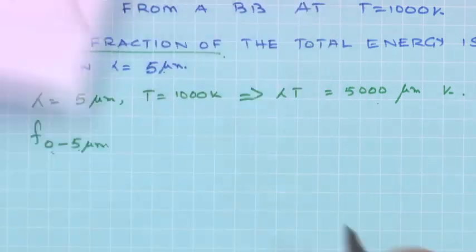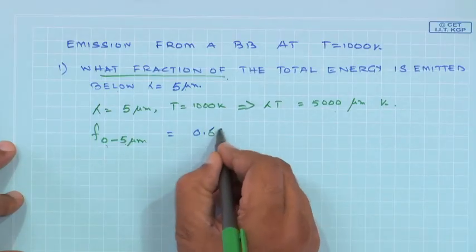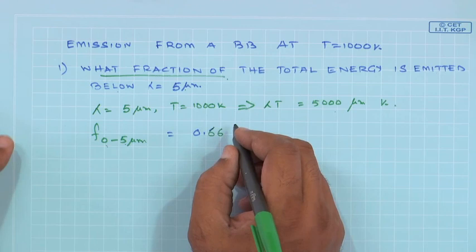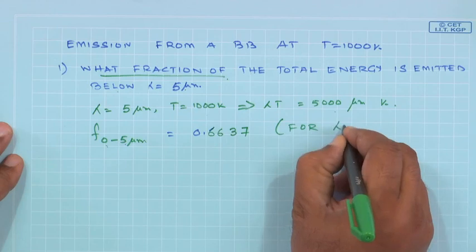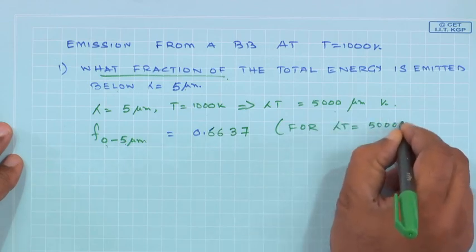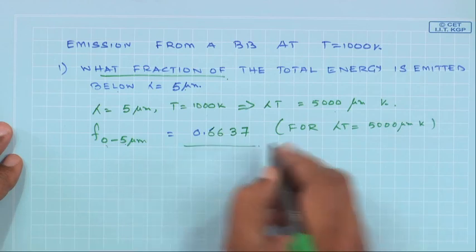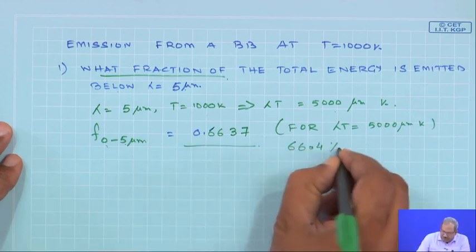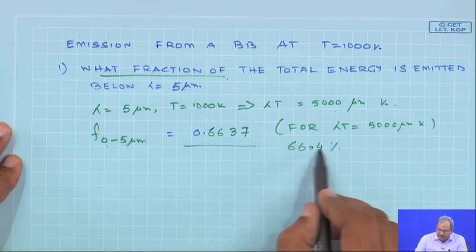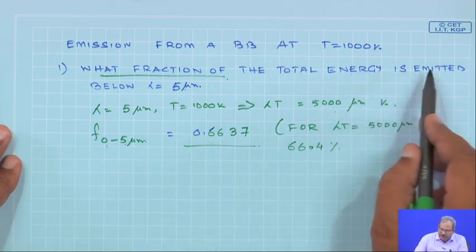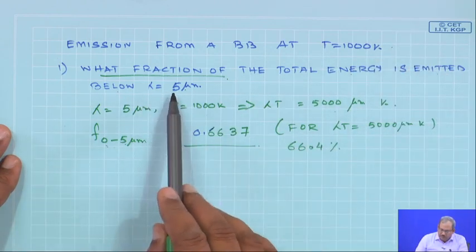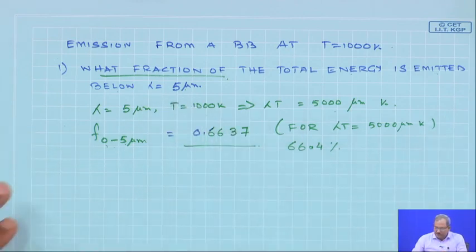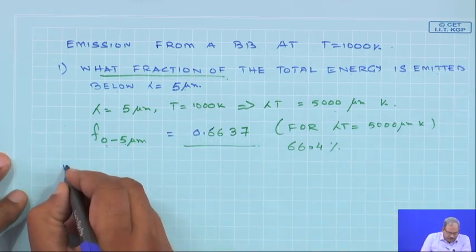So, from the table I read that this is equal to 0.6637 for lambda T equals 5000 micron Kelvin, which simply tells me that 66.4% or 0.664, the fraction 66.4% of the total energy is emitted by the blackbody at 1000 Kelvin below lambda equals 5 micron. That means, this is the value of the fraction.